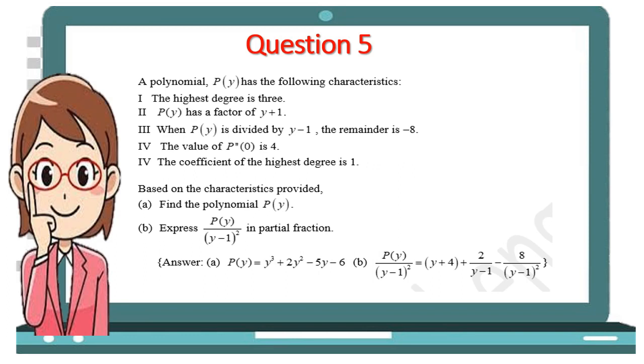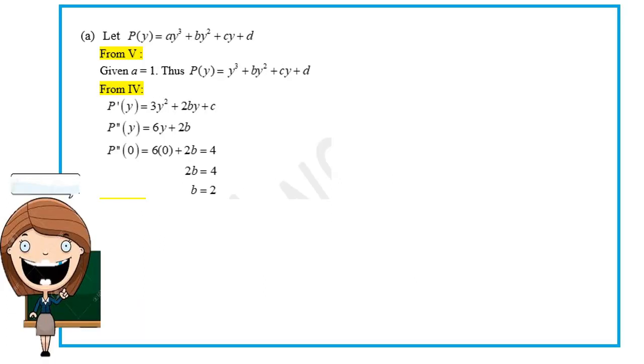So for question number 5, based on the characteristics provided above, we need to find the polynomial p(y) and express p(y) over y minus 1 squared in the partial fractions form. Based on the information given, this is a polynomial of degree 3.